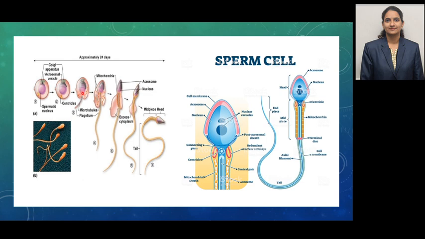Next, what happens? All the mitochondria travel toward the middle portion to form a Nebenkern. We're going to see in detail in the next slides. Here concentrate on the acrosome formation, which is nothing but Golgi apparatus or Golgi body formation.